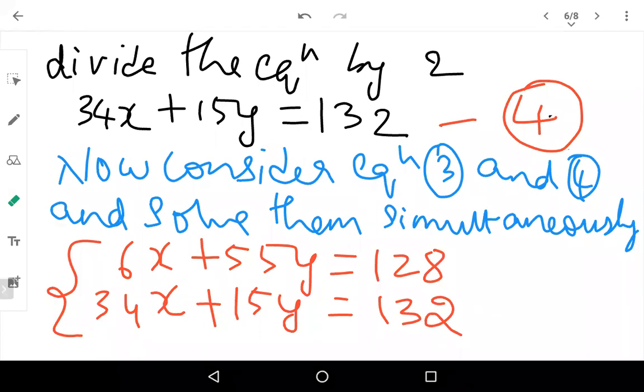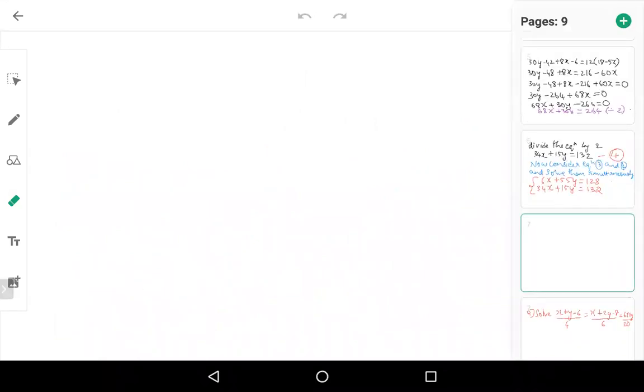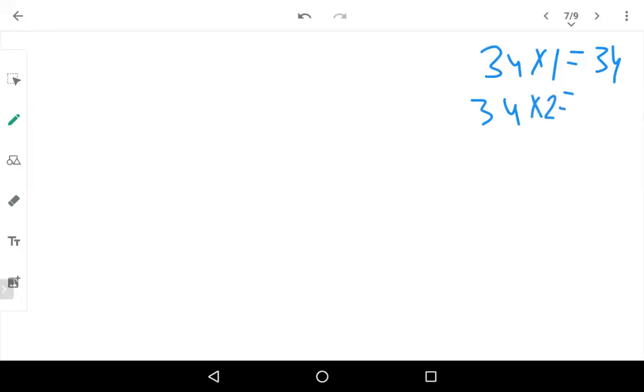Now let us check if 102 is divisible by 6 or not. I'll explain how it is done. 34 ones are 34. 34 into 2 is 68.